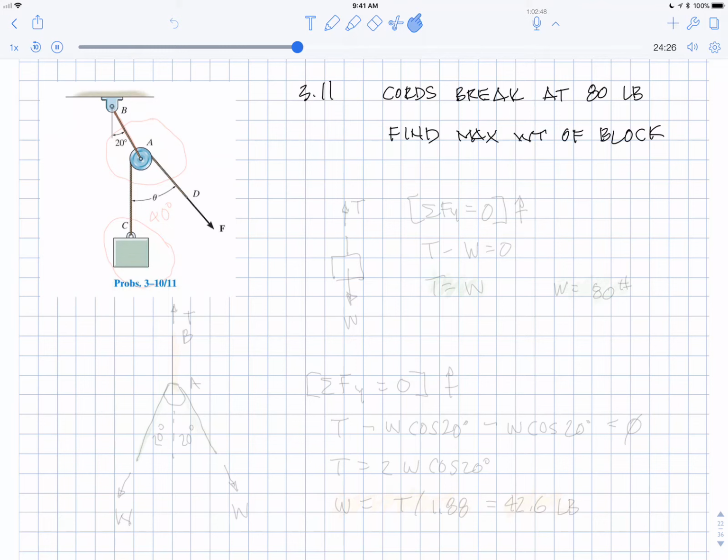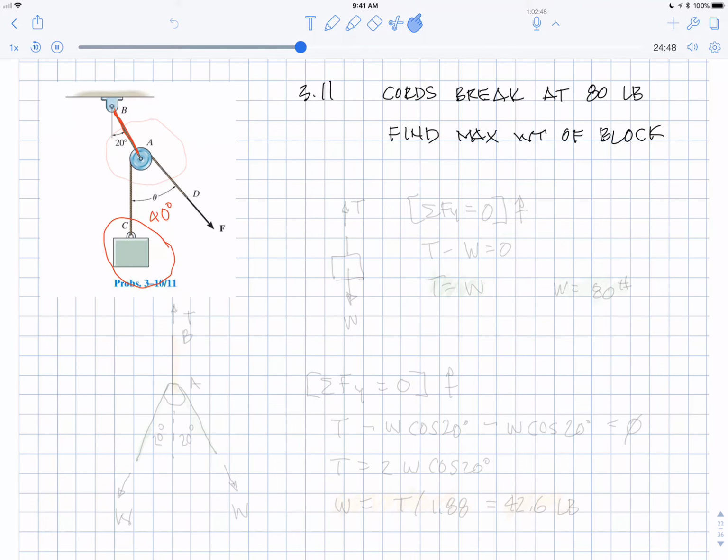So we've talked about this a couple times already, but this rope AB has to bisect the angle CAD. So if the angle of AB is 20 degrees, this angle theta here has to be 40 degrees. So I'm going to draw this free body diagram first.